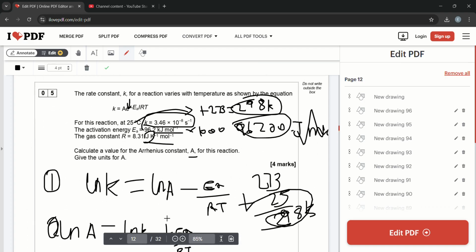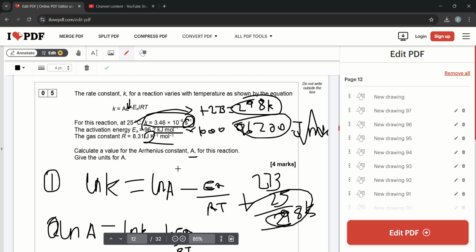And the units: if we look at k, it has units s to the power minus 1. That means it's a first order reaction. For first order reactions, k has units of s to the power minus 1. Therefore, A will also have units of s to the power minus 1. K and A have the same units.